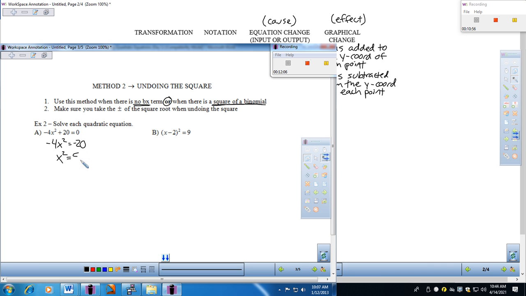So I'm just going to undo all the operations, kind of working from the outside in. Minus 20, divide by negative 4. And now, guys, the last thing to undo, of course, is the square. And I undo the square at this stage. Root 5 is an irrational number, so you're going to leave it. But please do not forget to include the plus or minus. And there you go. So root 5 works, and the negative of root 5 works.